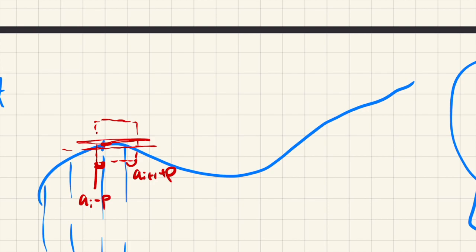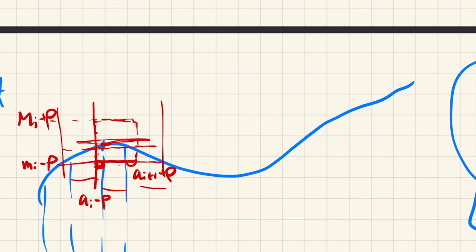But rho is a positive constant, so this value is lowercase m_i minus rho, and this is uppercase M_i plus rho. So we consider such an open rectangular region. We call it a multi-interval because we have one interval on the x-axis and another interval on the y-axis. This rectangle is a Cartesian product of these two intervals, so it's called a multi-interval. We define such a rectangle for each subinterval.